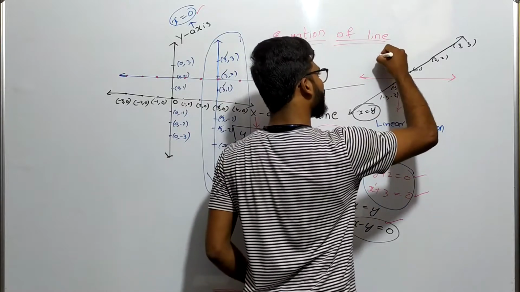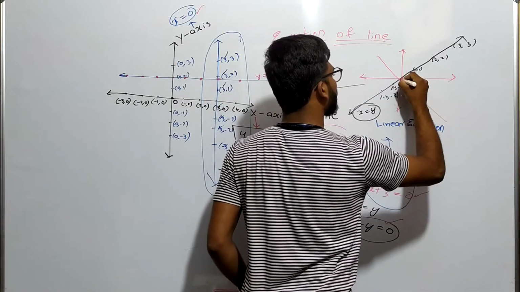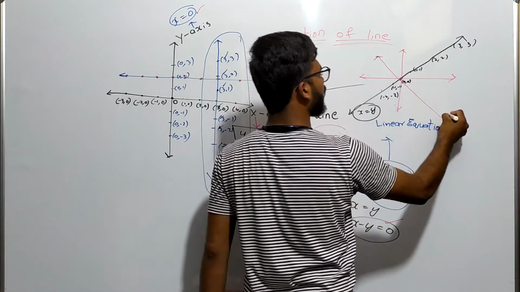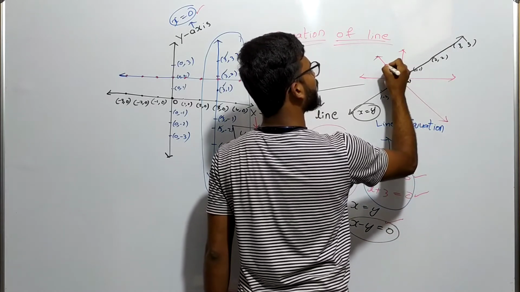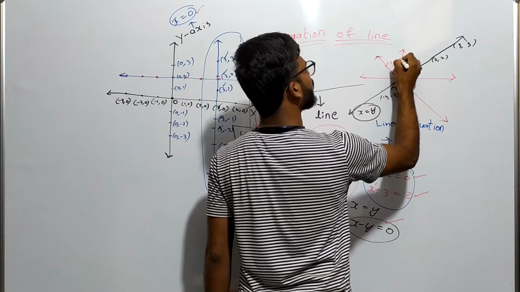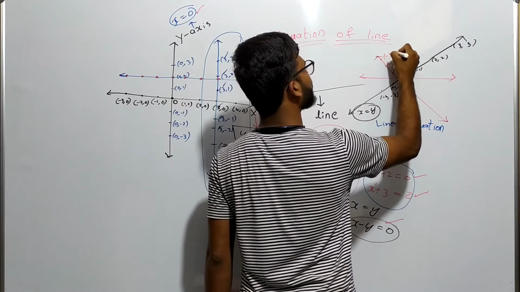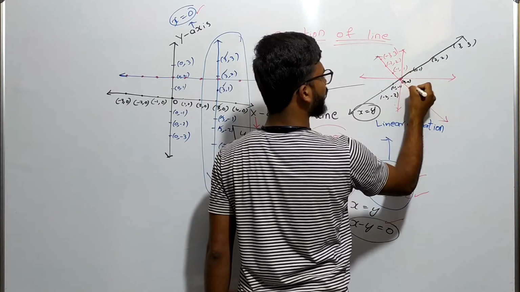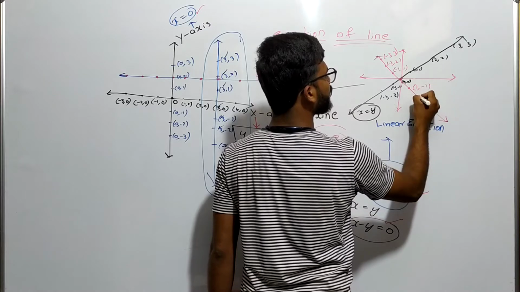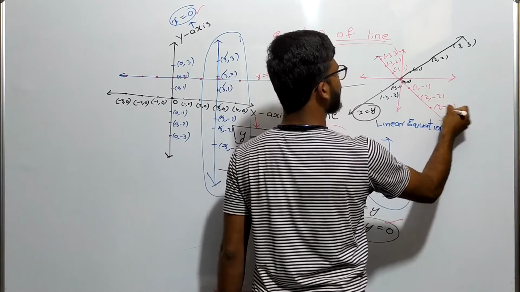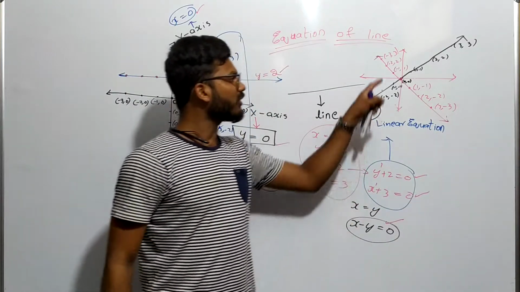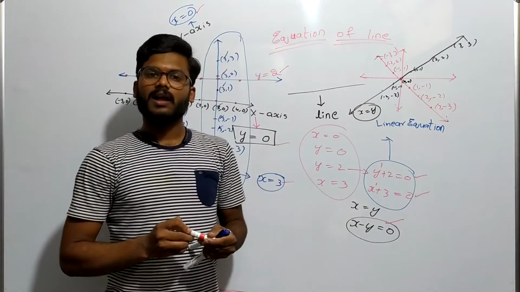And if I want to write the equation like this, moving to the origin, suppose the points here will be minus 1 comma 1, minus 2 comma 2, minus 3 comma 3, and here 0 comma 0. Here it is 1 comma minus 1, 2 comma minus 2, 3 comma minus 3. If these are the points on this line, and I want to name this line, how can I name it?